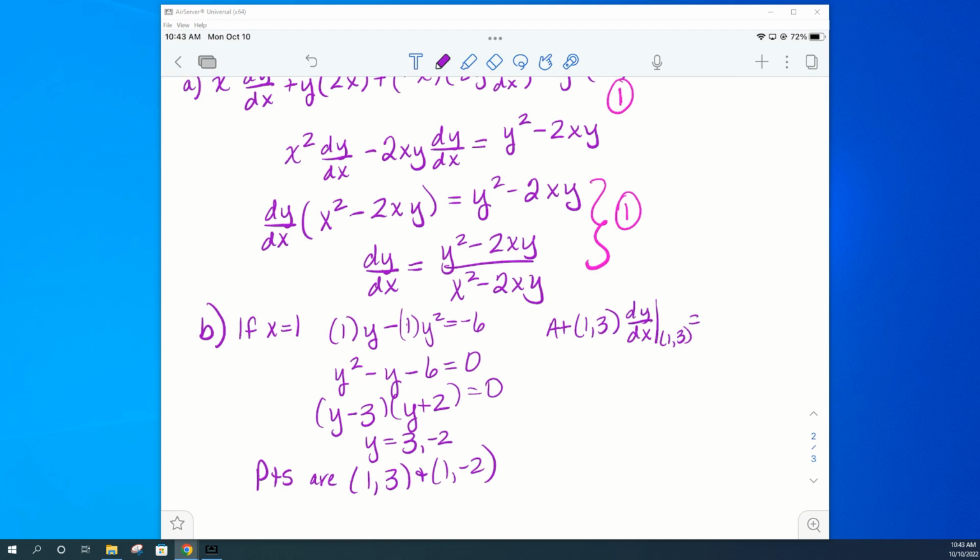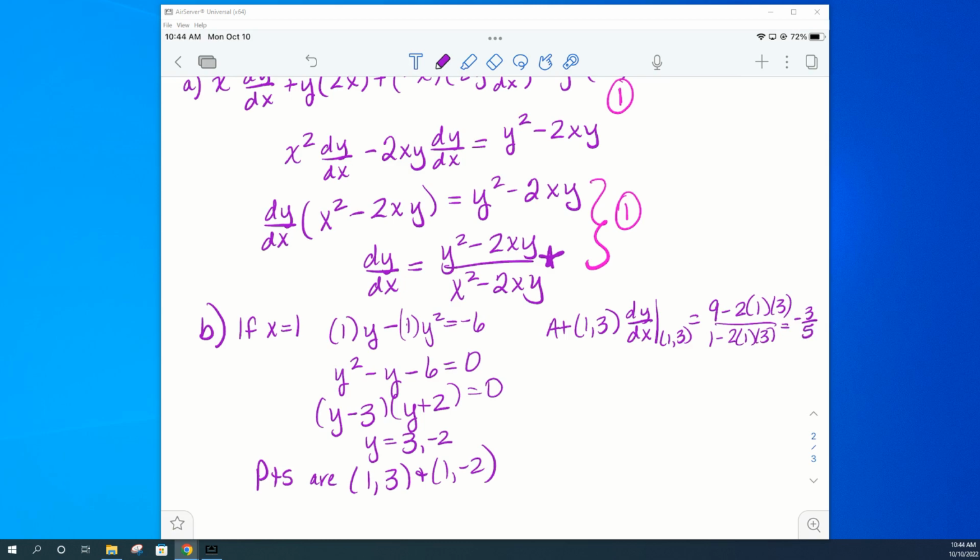Don't write dy/dx and start putting in numbers. I put dy/dx evaluated at (1, 3). So I'm going to kind of do this in my head. I'm going to this equation right here, putting in 1 for x and 3 for y. So I'd have 9 minus 2 times 1 times 3, over 1 minus 2 times 1 times 3. So what does that give me? -3/5.